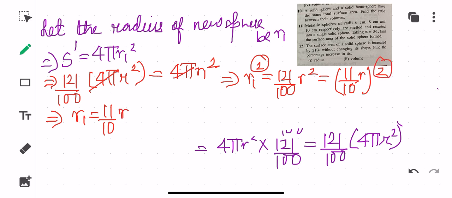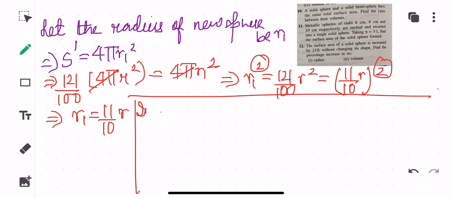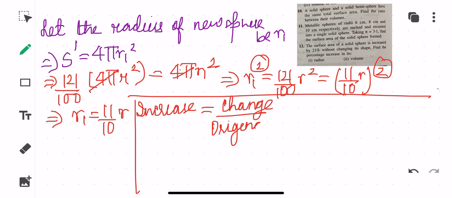Okay, so what is the increase in percentage, children? How do you find out the increase in percentage? For that the formula is, see, increase in percentage is equal to change upon original into 100. This formula you need to remember, children. Of course you must be knowing.